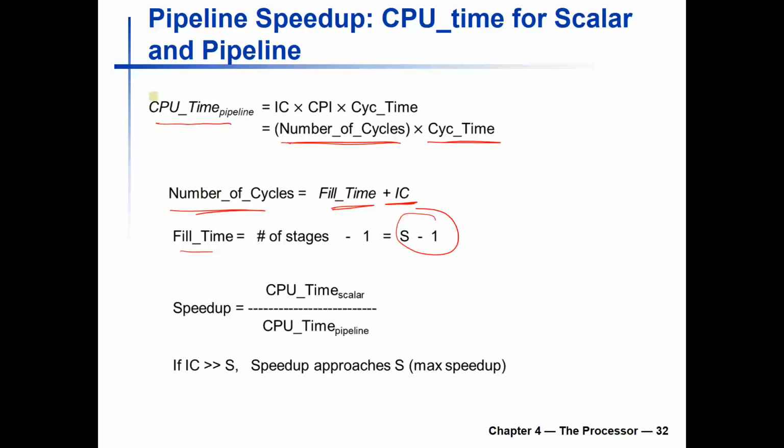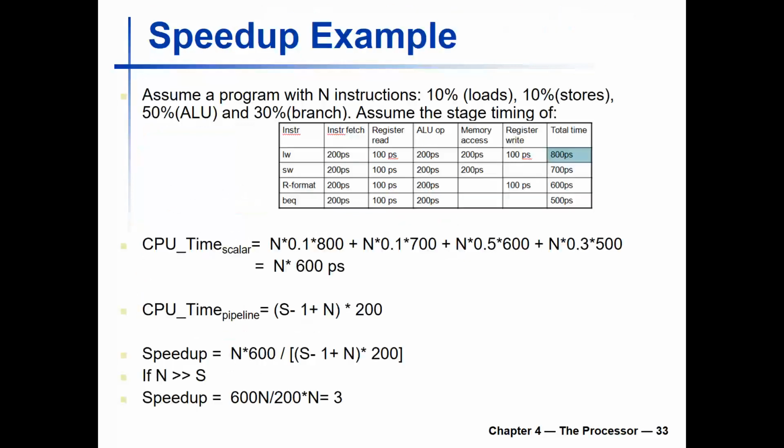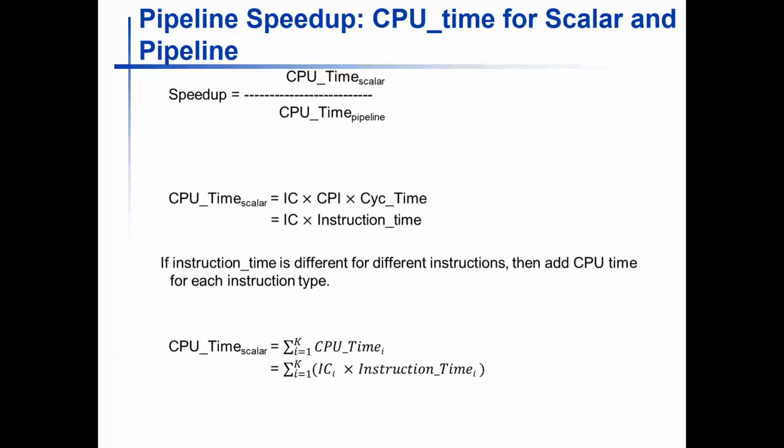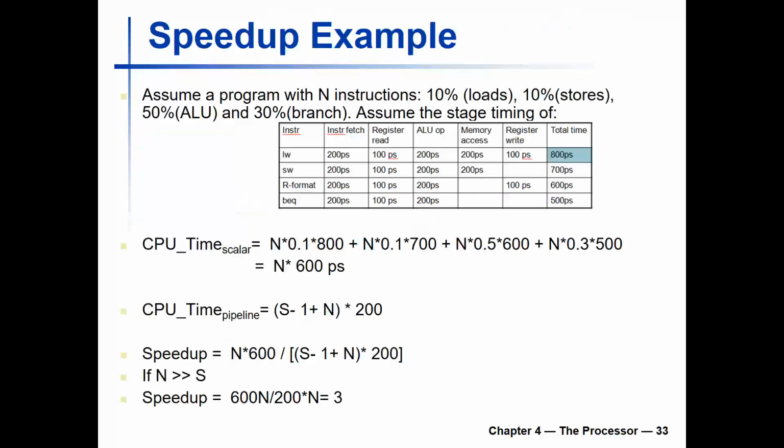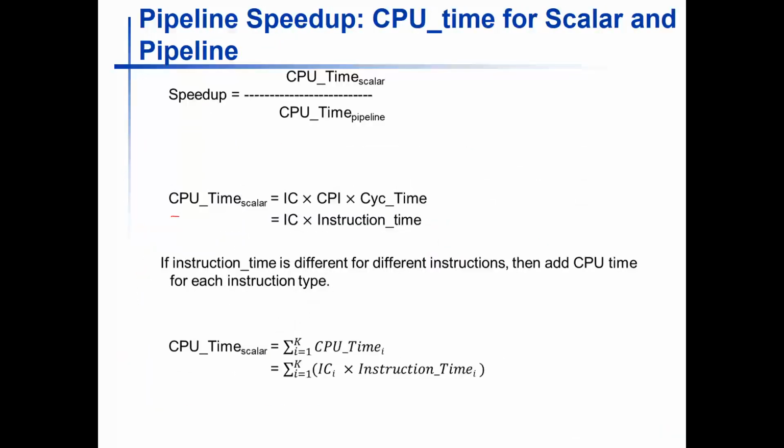Now, if I divide this by the CPU time for the scalar, from the previous slide, the CPU time for the scalar equals the instruction count times the instruction time.